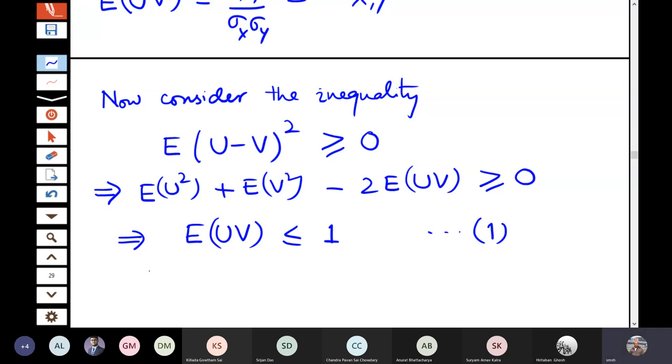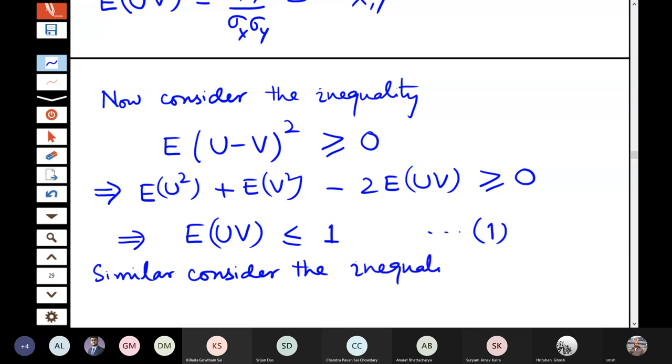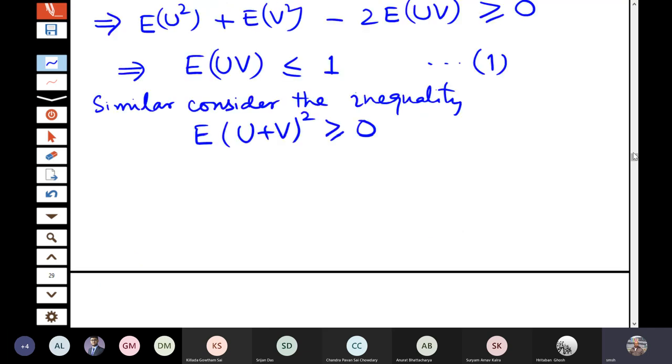Similarly, let us consider expectation of u plus v square is greater than or equal to 0. One I am considering expectation of u minus v square is greater than or equal to 0, and another one is expectation of u plus v square is greater than or equal to 0.